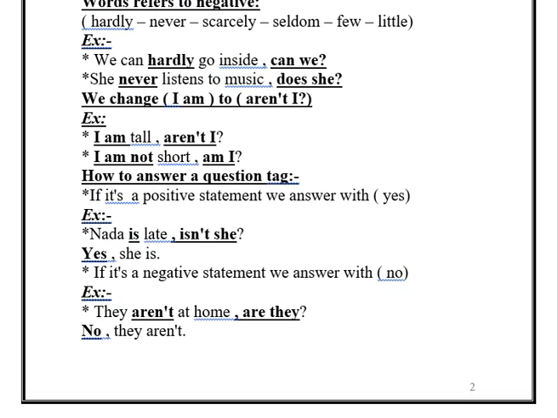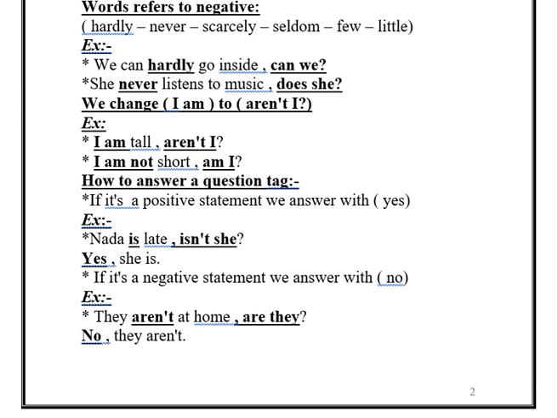Like this example. We can hardly go inside. So the question tag will be can we. If the word hardly were not here, you would have said can't we.